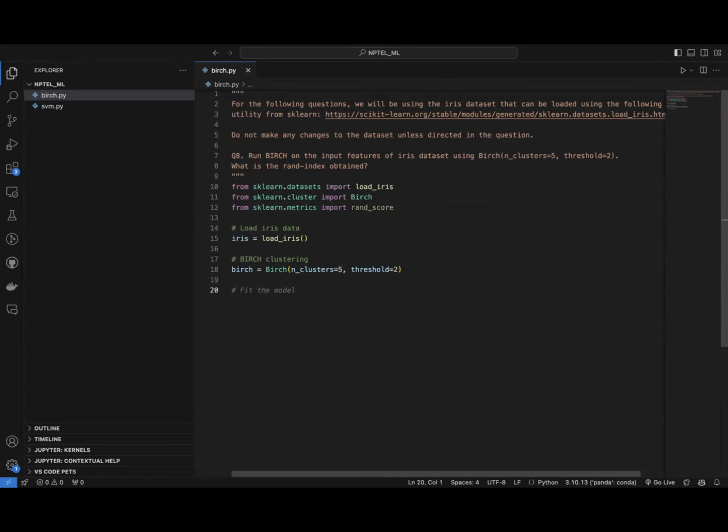Let me write one step here. Get X and y. Iris data is my X, and iris target is my label y.